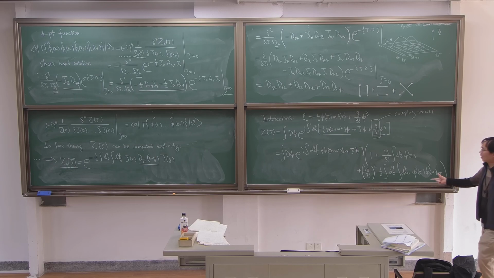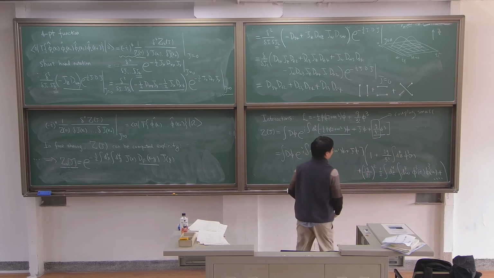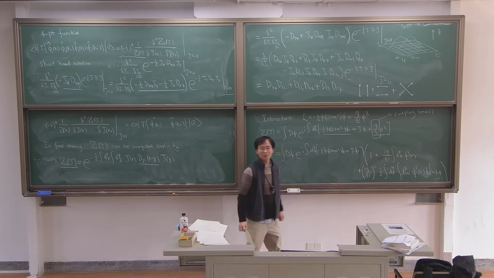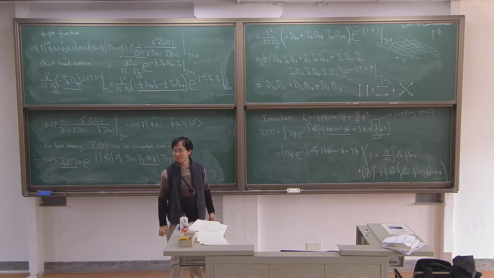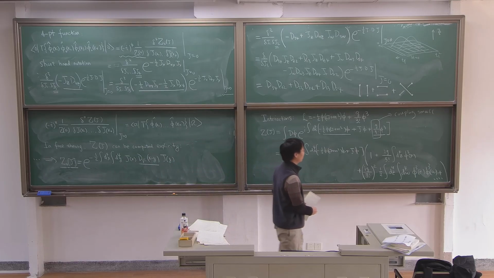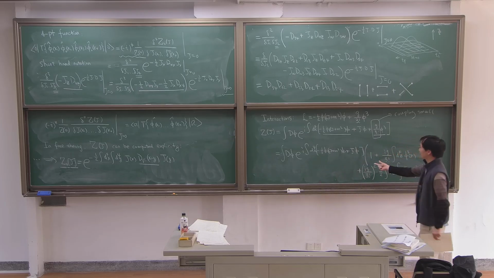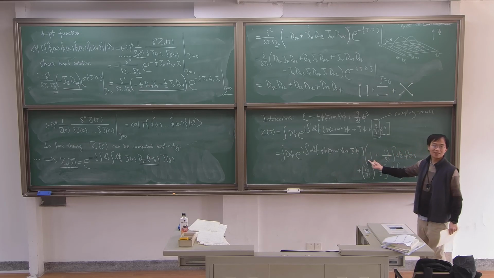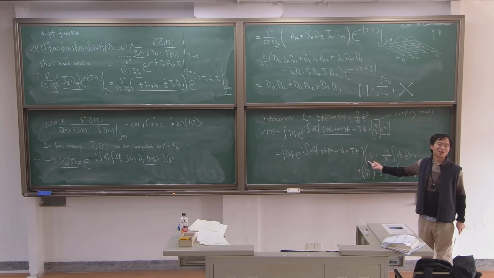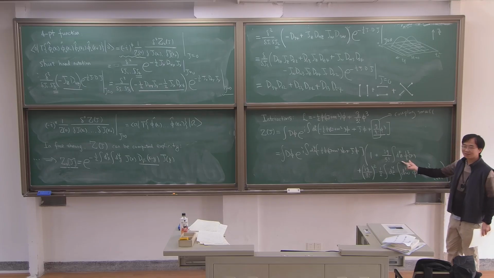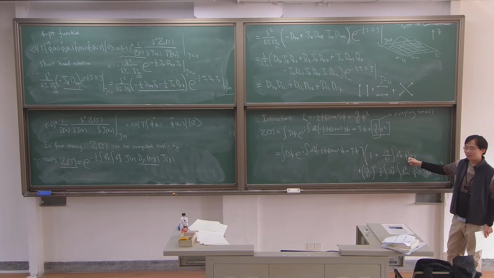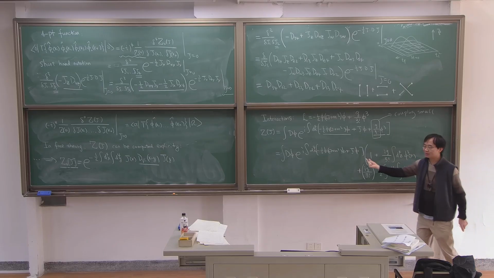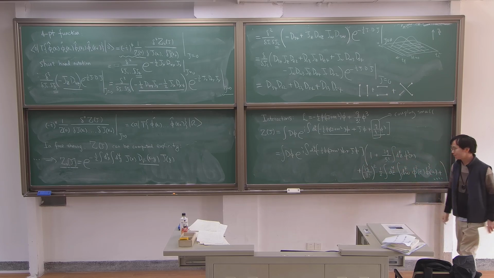Now the problem becomes how to calculate this term by term. If you want to calculate the first term, this is what we already know, the free result. But what about the second term? We have 3 new insertions of phi, all at the same point, in the path integral. We have to calculate that one.